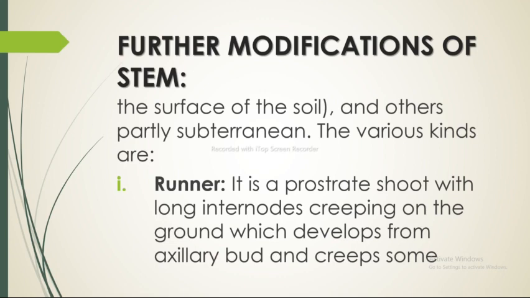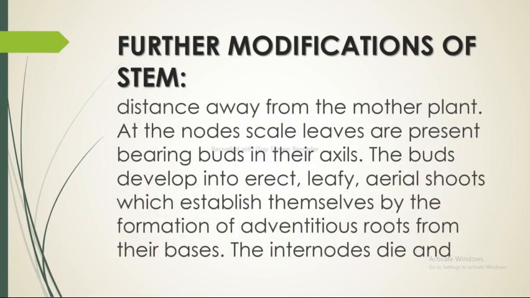It is a prostrate shoot with long internodes creeping on the ground, which develops from the axillary bud and creeps some distance away from the mother plant. At the nodes, scale leaves are present, bearing buds in their axils.